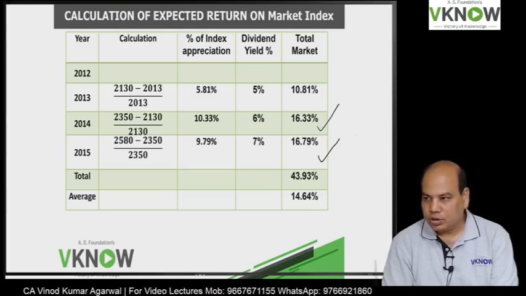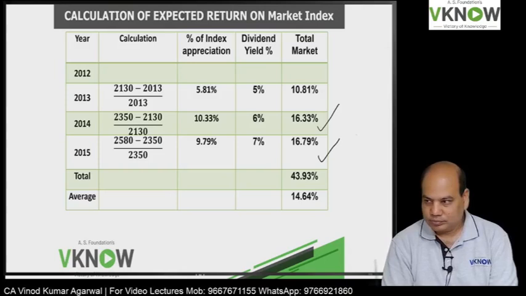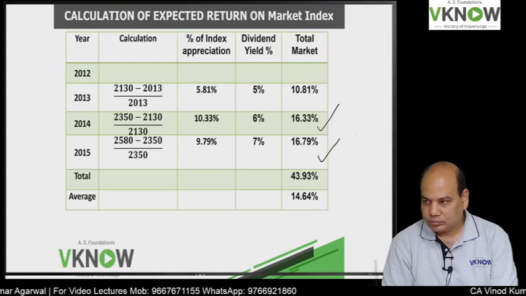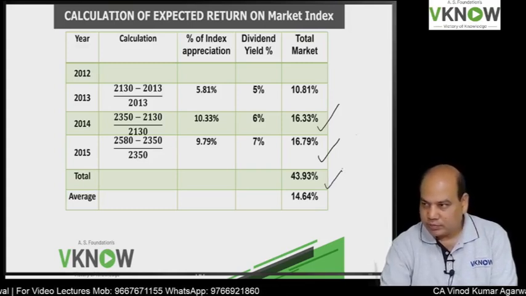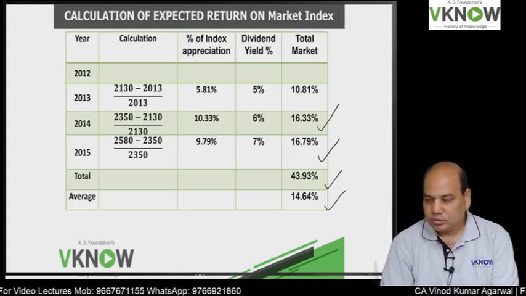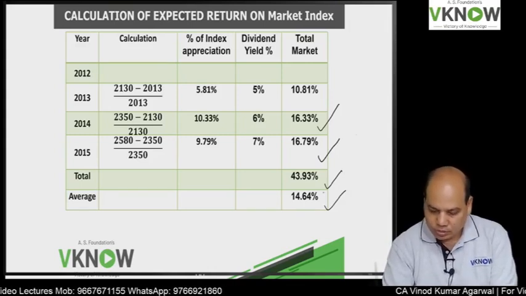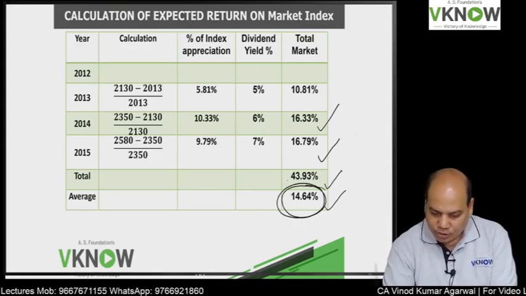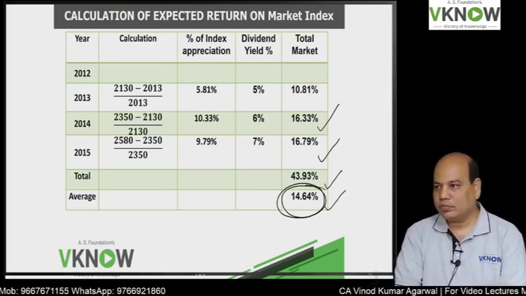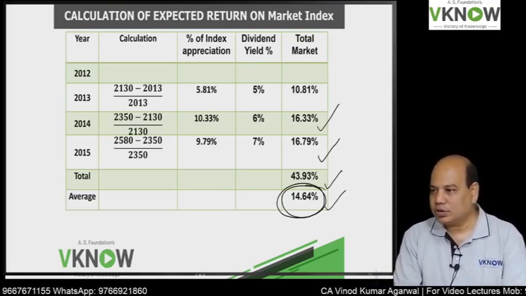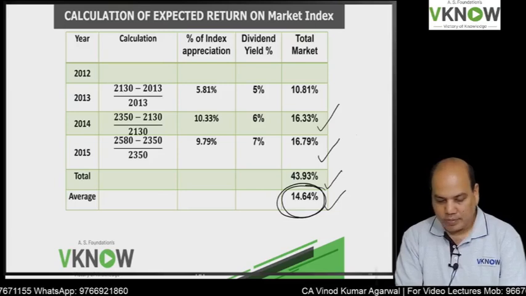So what is the total? 43.93 divided by 3. Divide by 3, you will get 14.64%. Is it right? 14.64%. Right.